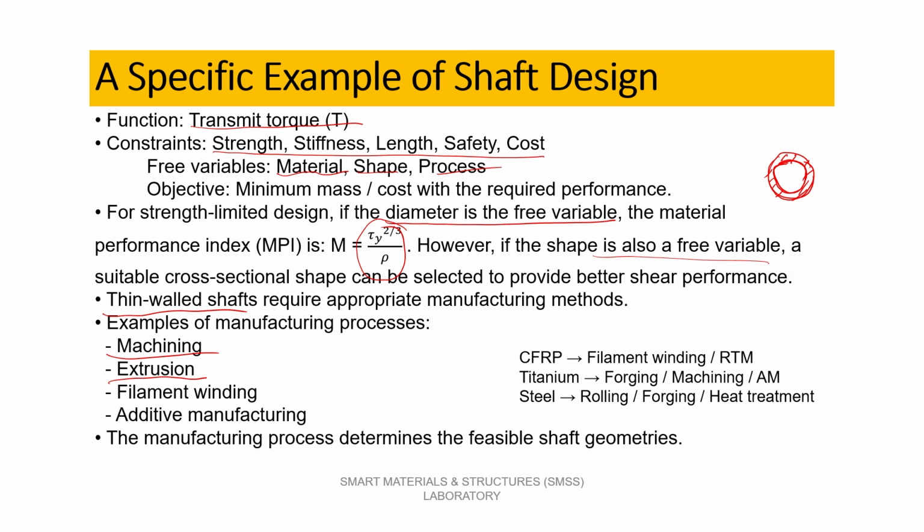But for composites you have to use filament winding, and for some other material, particularly for thin walled applications, you have no other way but to go for additive manufacturing. So, you see, all the three things come together, that is the point we have to keep in mind.